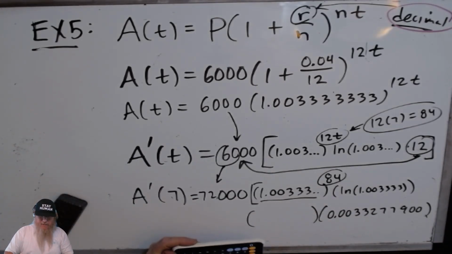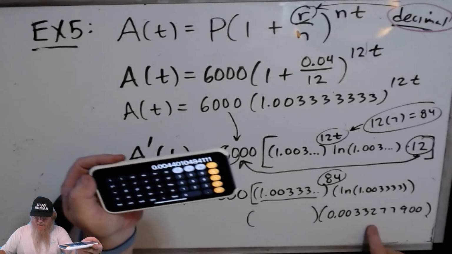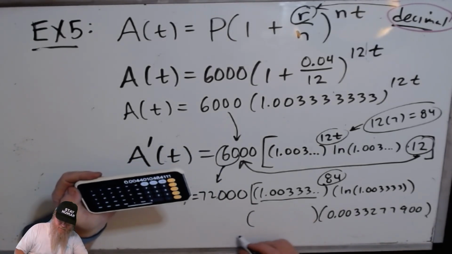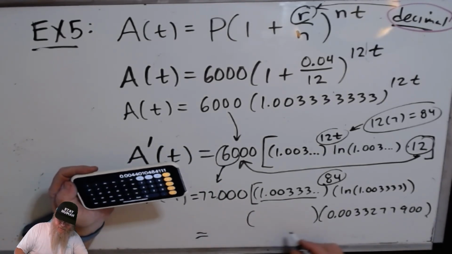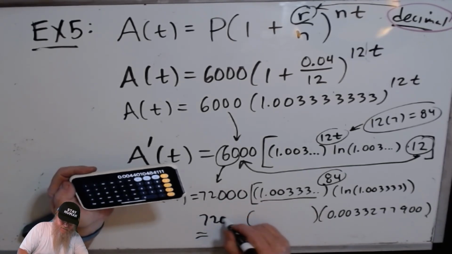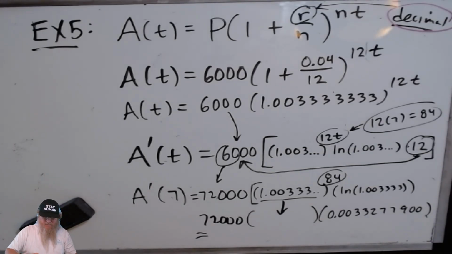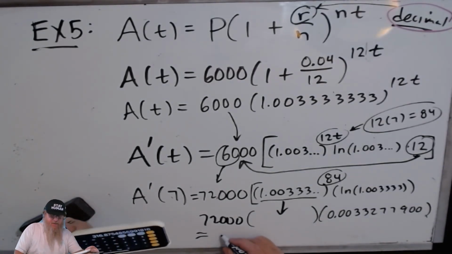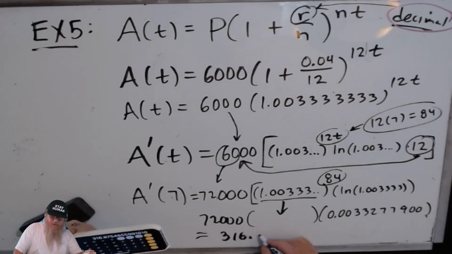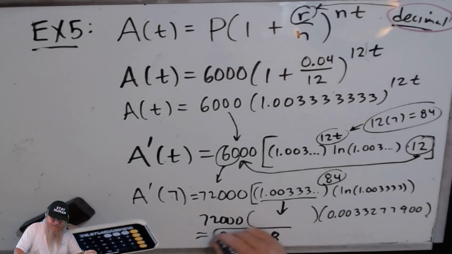Times 0.003327779. That's enough. Oh, actually I didn't screw it up. And then times 72,000. Not bad. $316.88.